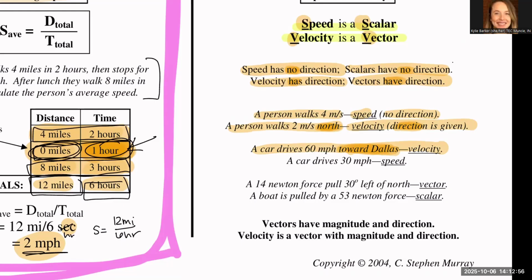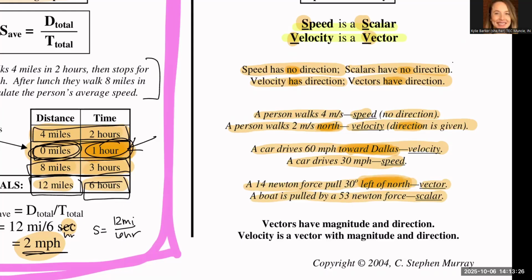It just needs to be something telling you which direction it's going. Lacking a direction, speed. Now we have not gotten to force yet, but we have an example here, or two, I should say. A 14 Newton force pulls 30 degrees left of north. It's got a direction, vector. A boat is pulled by 53 Newton force, no direction, just scalar.